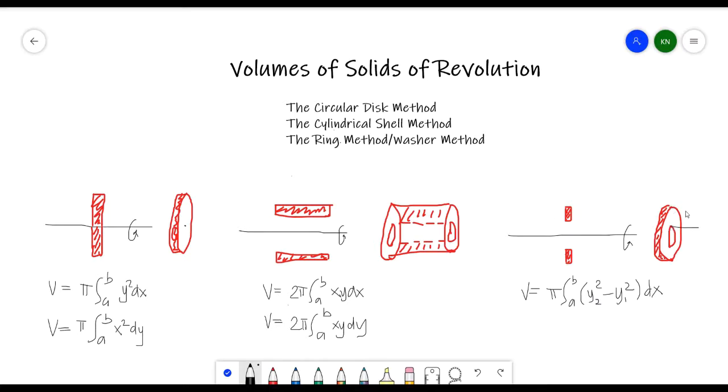This radius here is our outer radius, or y2, and the radius of our inner loop or inner hole is y1. That is how we solve for the washer method or ring method.